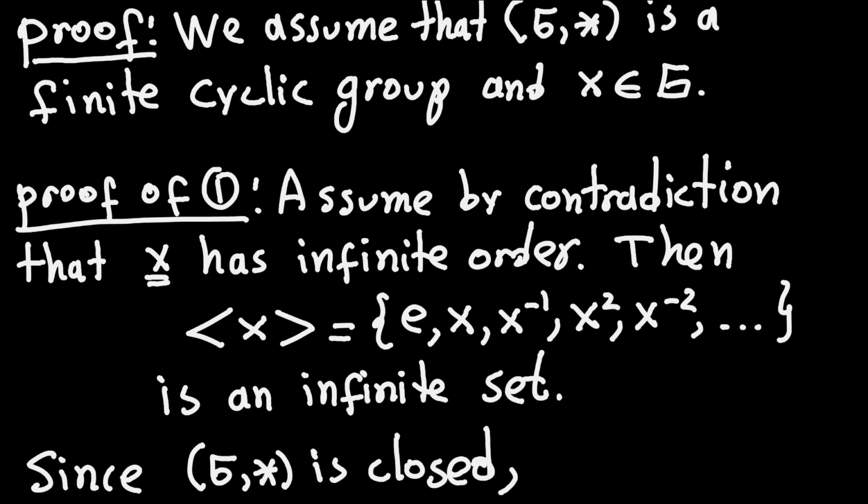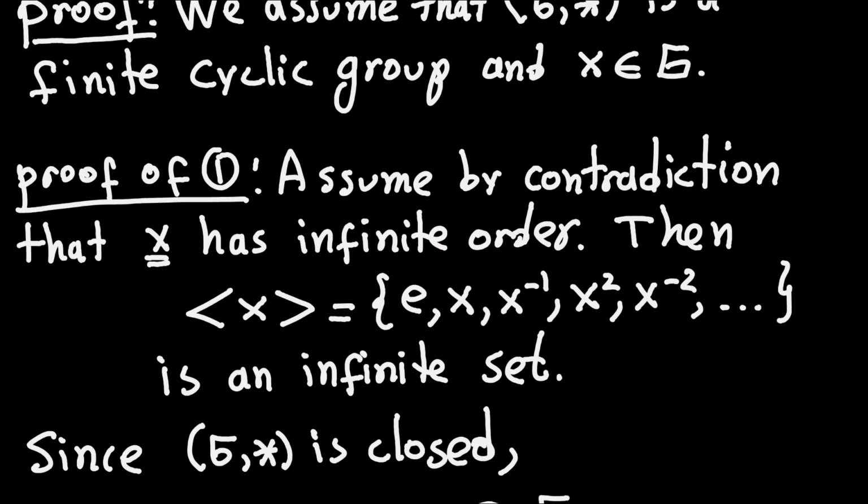That will imply that if I look at the set of all the integer powers of X, which is the identity, X, X to the negative 1, X squared, X to the negative 2, this is going to be an infinite set. Why is this? Because imagine that if this was not infinite, that would mean there are two different powers with the same value.